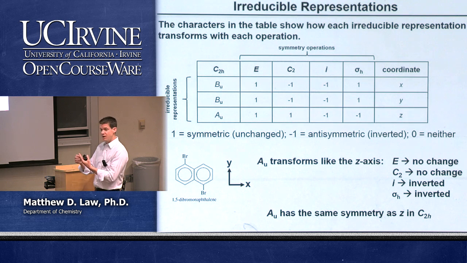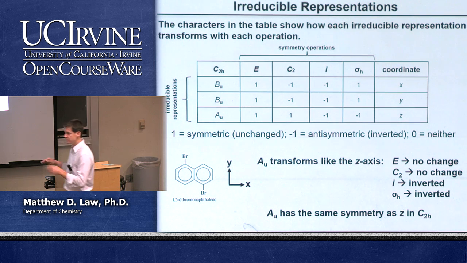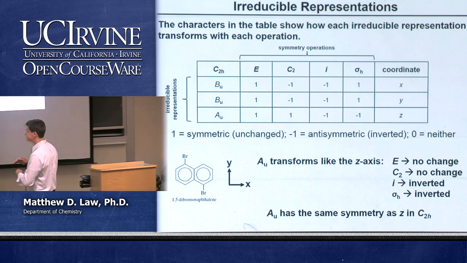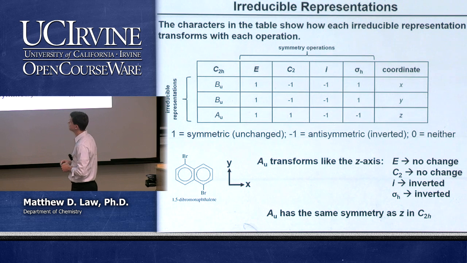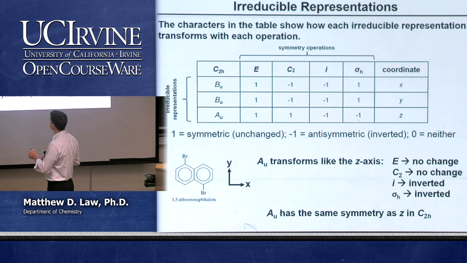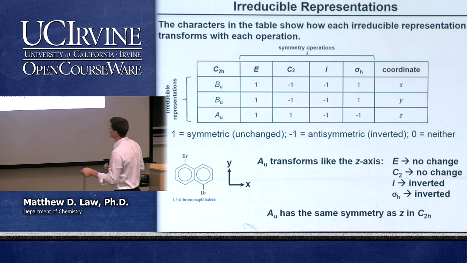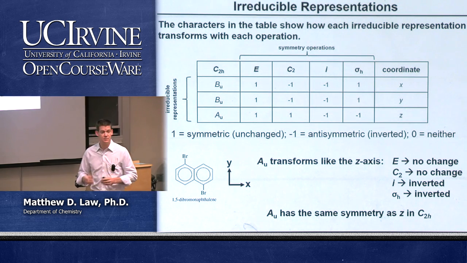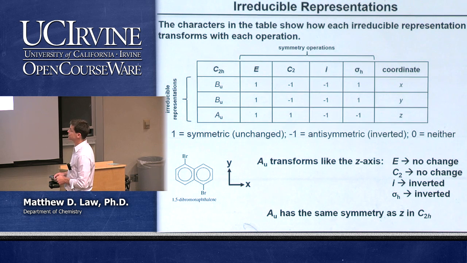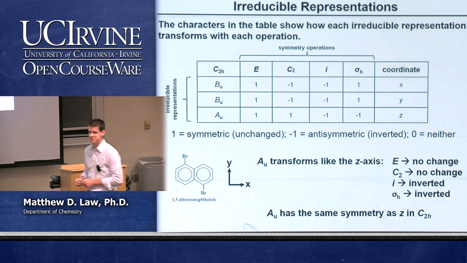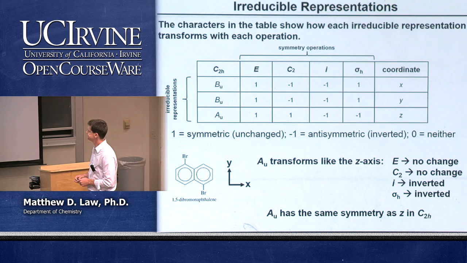Upon inversion, the positive z goes to negative z, and so we have a character of -1, indicating that it's antisymmetric. And for horizontal reflection, that also changes positive z into negative z, and so we expect an inverted character, -1. That's why z and AU basically have the same symmetry in this particular point group. We would say that the AU irreducible representation has the symmetry of the z-axis in this particular case.